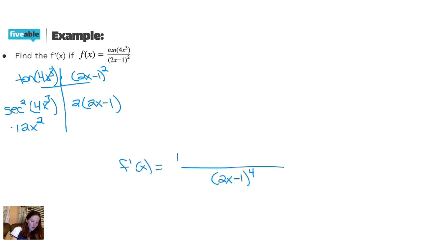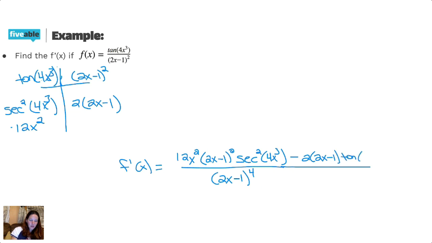So we get 12x squared, 2x minus 1 squared, secant squared of 4x to the third, minus 2 times 2x minus 1 times tangent of 4x to the third.